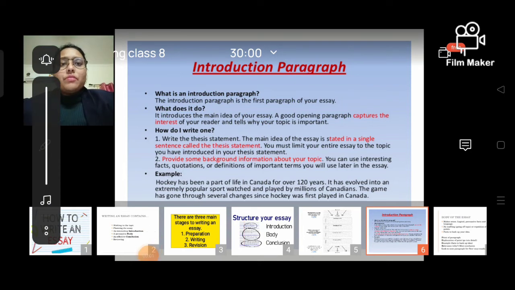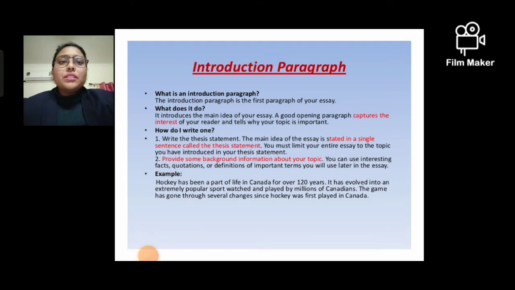So furthermore, we will start with each explanation in brief of the parts of the essay. The first one is the introduction paragraph. First of all, we will see what an introduction paragraph is. It introduces the essay.